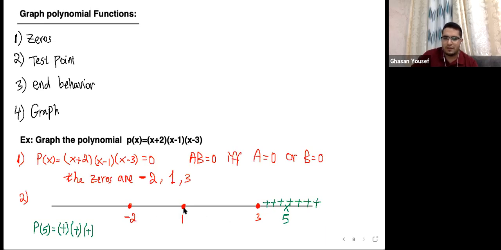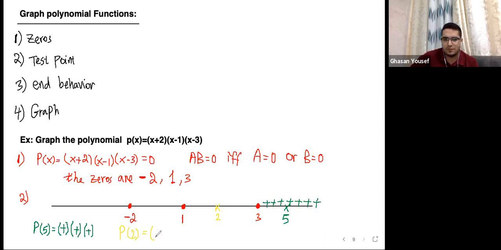Now pick any number between 1 and 3. 2. Nice. Here is the 2. P of 2. 2 plus 2, what is the answer?